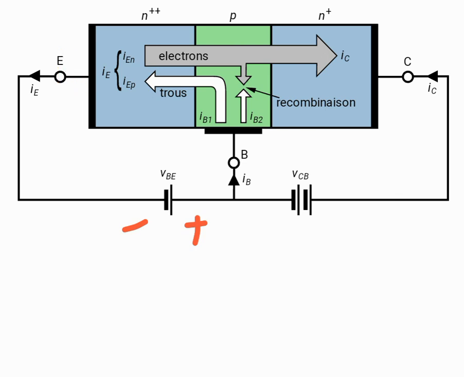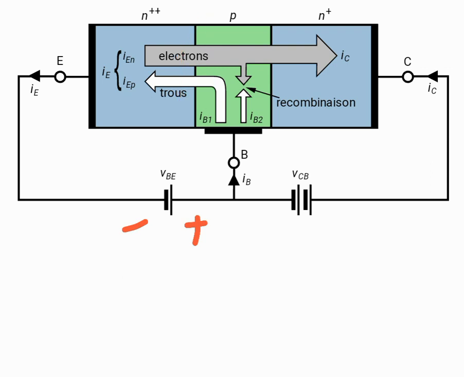So positive is connected to the P type of semiconductor and negative is connected to the N type of semiconductor. This makes this PN junction forward bias.